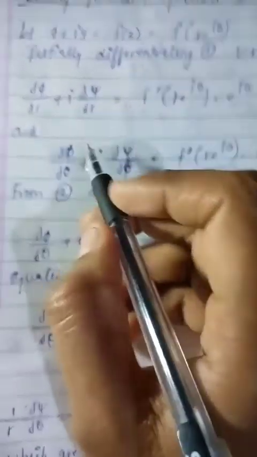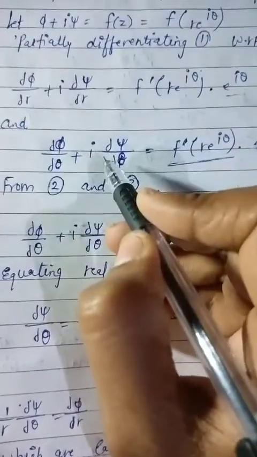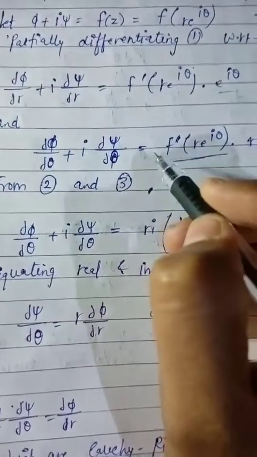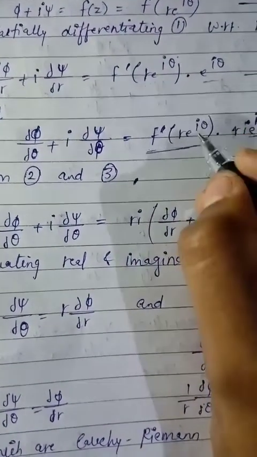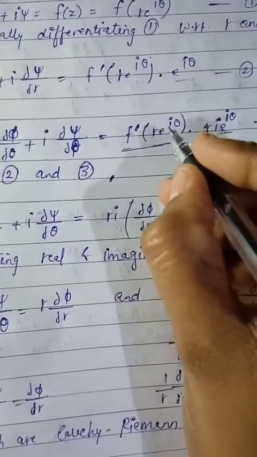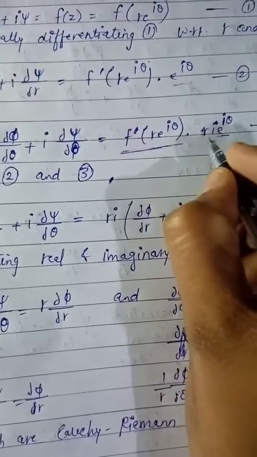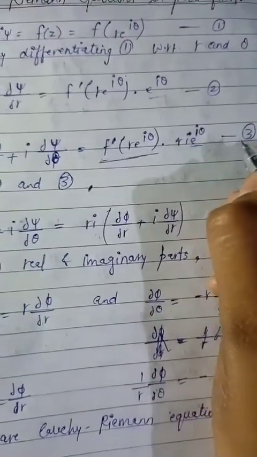And differentiating 1 with respect to theta, del phi by del theta plus i del psi by del theta is equal to f dash of r e to the power i theta, and this differentiation of theta is 1, so this i will be in multiplication and e to the power i theta will be as it is. So this is equation number 3.